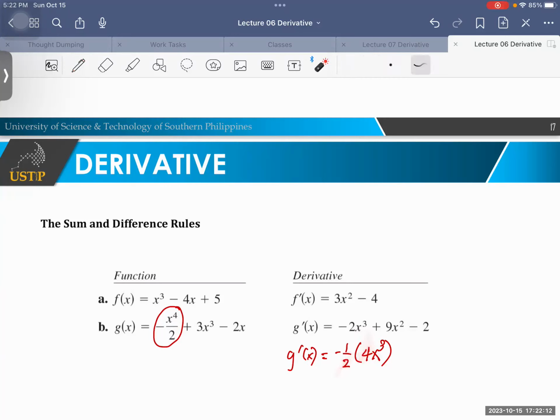Mahimo na lang ning 2. So that's why you have negative 2x cubed. Ang 9x squared, gikan na siya sa plus 3, ipakilid nimo ang 3, x cubed. X cubed mahimong 3x squared. Bring down 3, minus 1 ang exponent. So that's why you have here, 3 times 3 na kay 9. And then again, when you have negative 2x, whatever is the coefficient sa x, mao na dito siya ang derivative. So that's minus 2. So mao na ni ang answer.